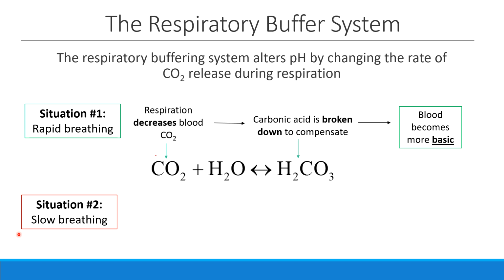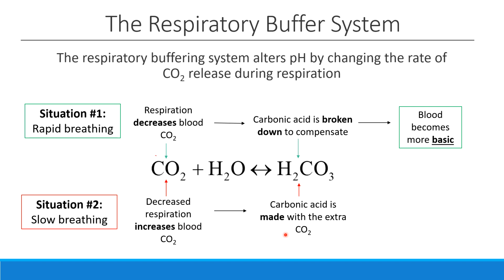Now let's look at the opposite situation. Suppose we're breathing more slowly than usual. If a person is breathing more slowly than usual, they're going to see an increase in the amount of carbon dioxide that is present in the bloodstream. As more carbon dioxide is present in the bloodstream, the body's going to start to make more carbonic acid with it. It's shifting toward the right now.